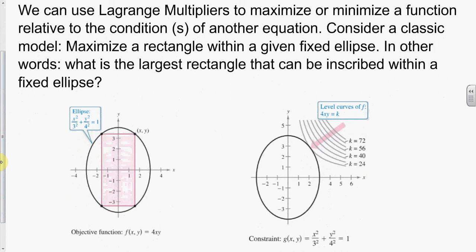This problem is given in several different ways. You can reverse it. You can take the rectangle and ask, what's the greatest ellipse that can be inscribed within the rectangle? Or you could take an equilateral triangle and a circle, and ask what's the greatest equilateral triangle that can be inscribed within a circle?